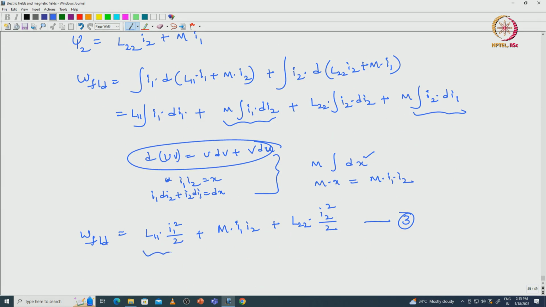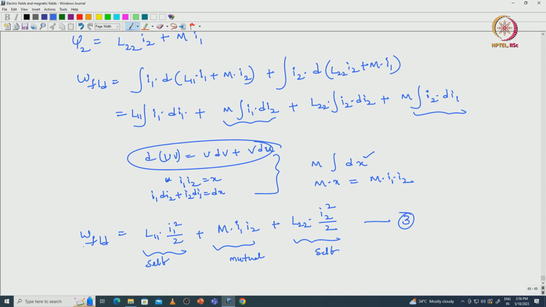So, this is the self inductance term of the stator side coil, this is the self inductance term with respect to the moving bar, and this is the mutual term.